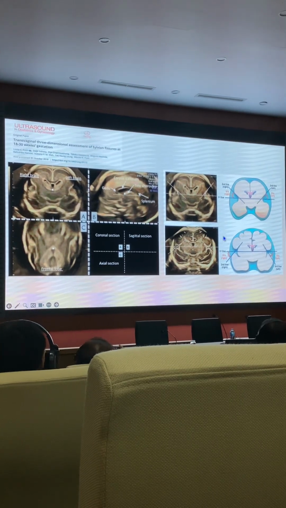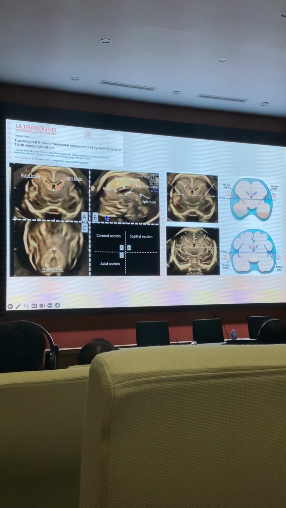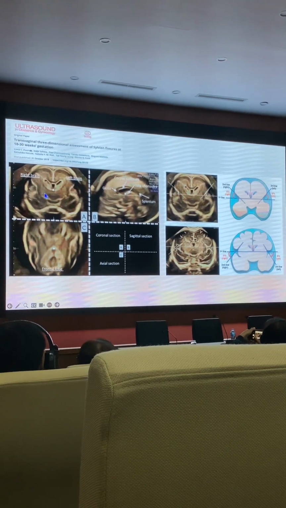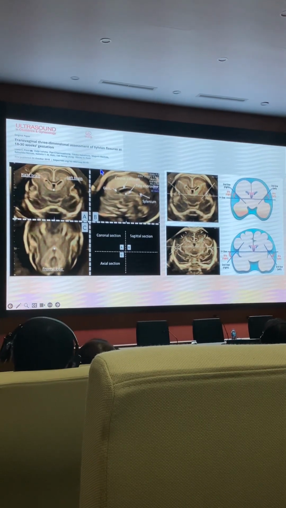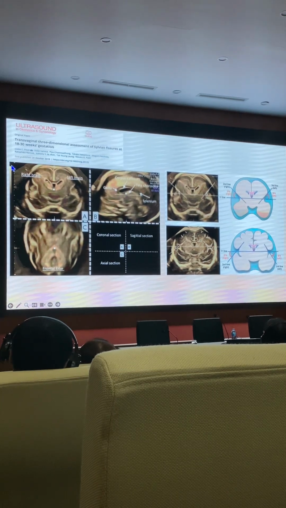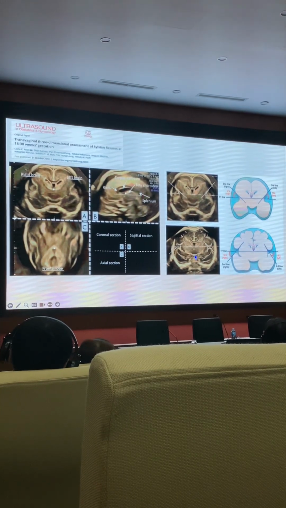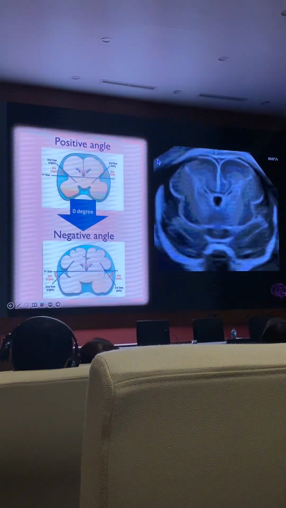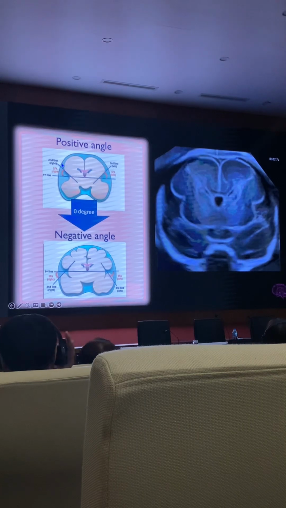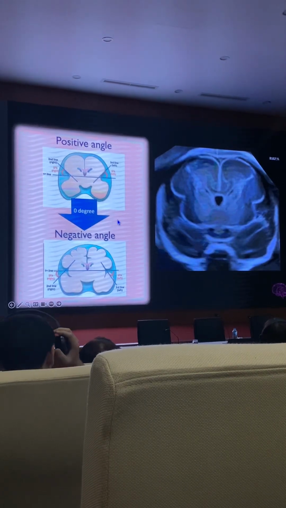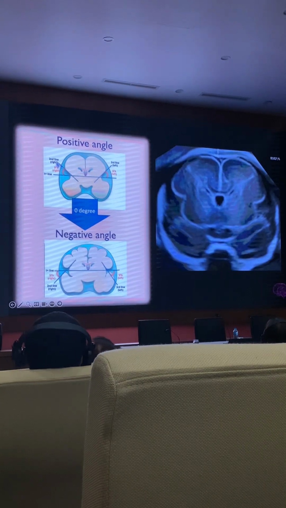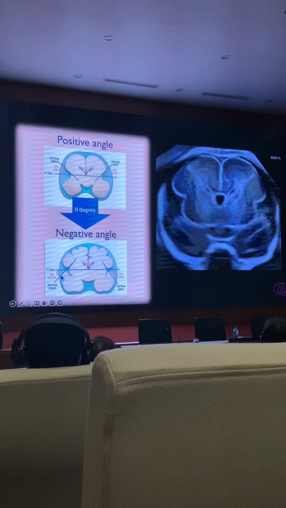The Sylvian fissure angle like this, in detail you can go to this article, Leona Pun and me, and we had the normal assessment of the Sylvian fissure at 18 to 30 weeks of gestation. And also, this is the next article in the same journal, the same volume, and the positive angle to the negative angle.